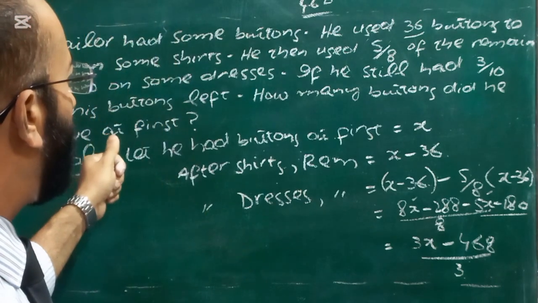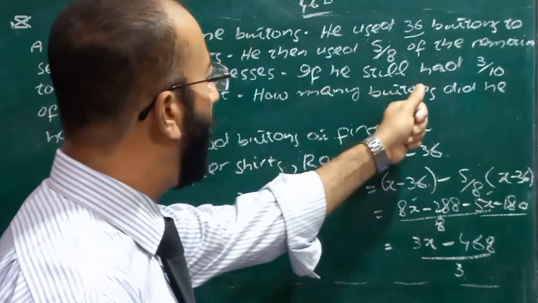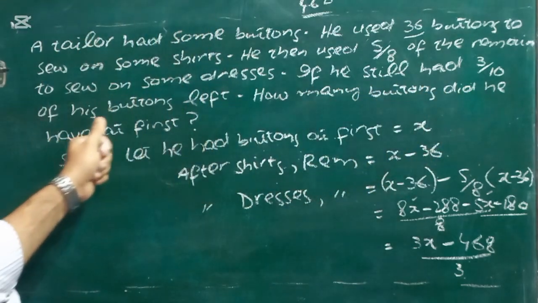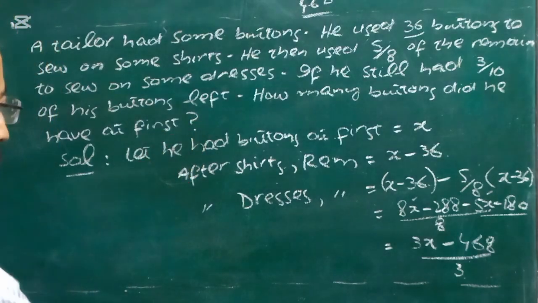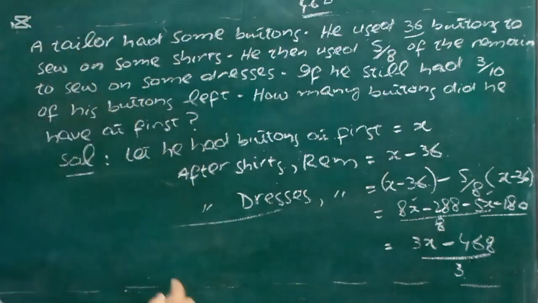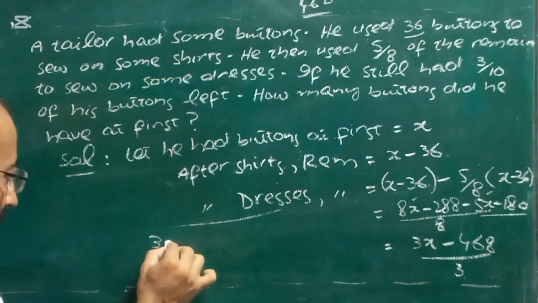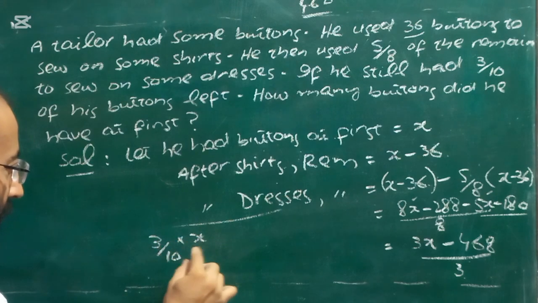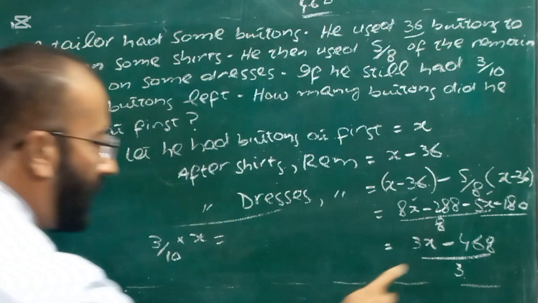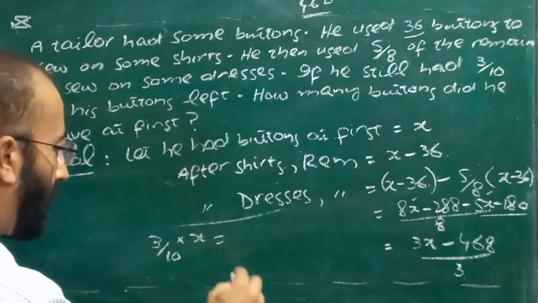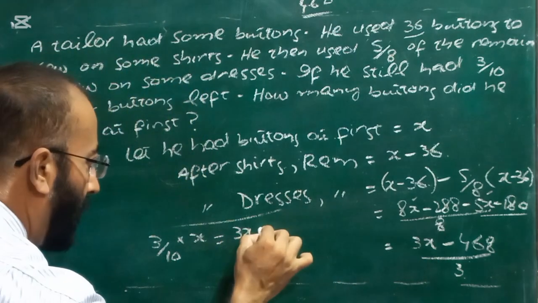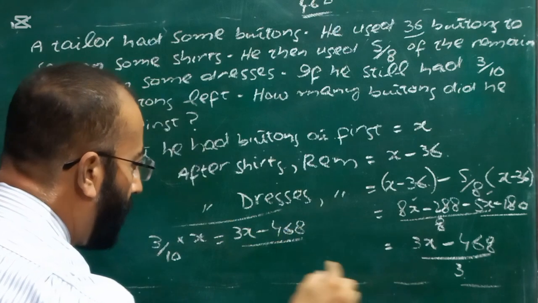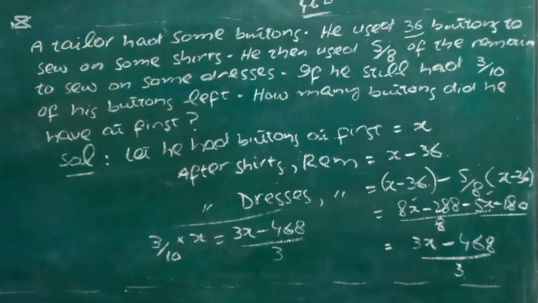Now further statement is, if he still had 3 by 10 of his buttons left. So look now, the original buttons were X, and what he still has is 3x minus 468 over 3. So solve it now.